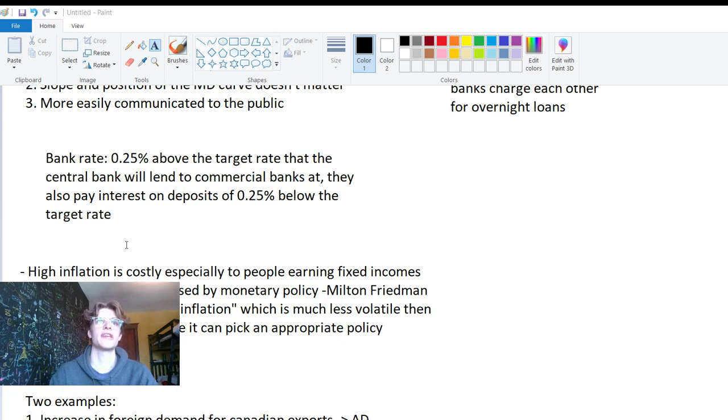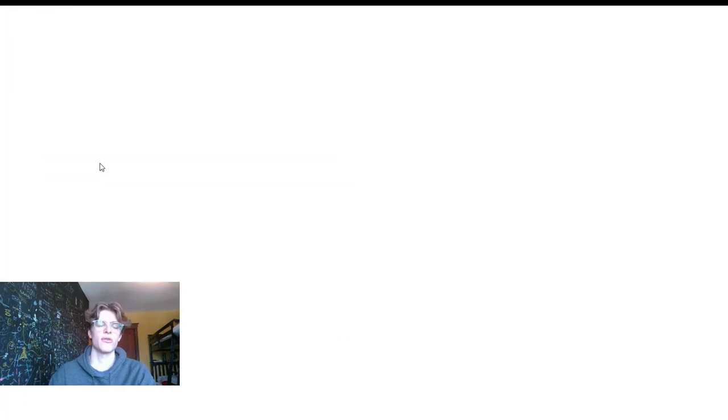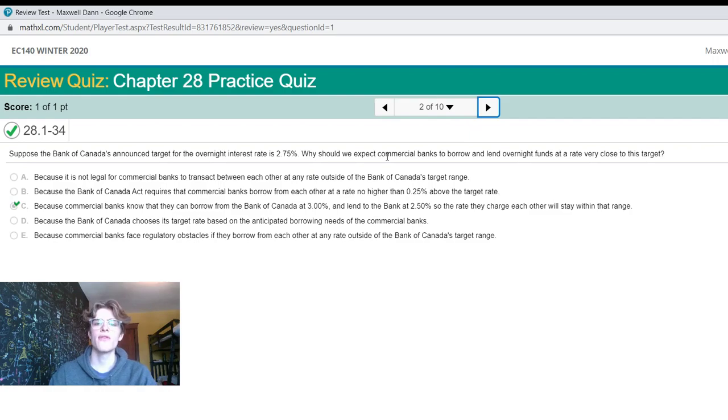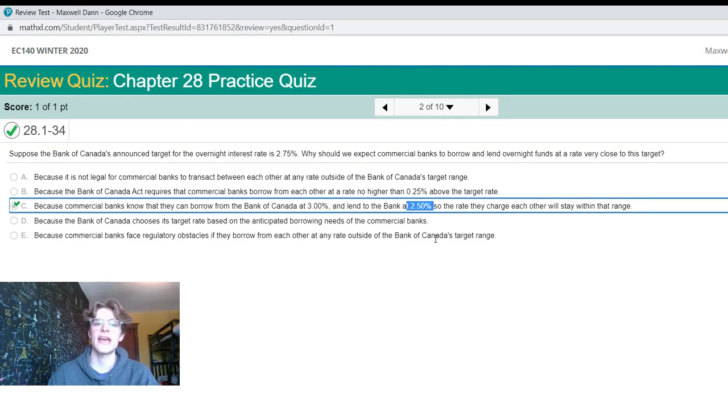So they'll say, I'll lend you this money and it's going to cost you this much, and 0.25% below that, they're going to pay interest to the banks. So the overnight rate is the rate that banks charge each other for loans. If they know that they can get that specific rate from the Bank of Canada, they themselves are going to act within that range. Because they know they can borrow from the Bank of Canada at 3% and lend to the bank at 2.5%, that's the range they're going to stay within.